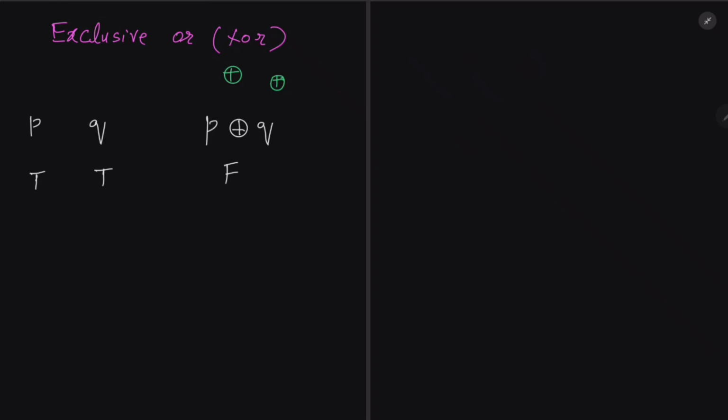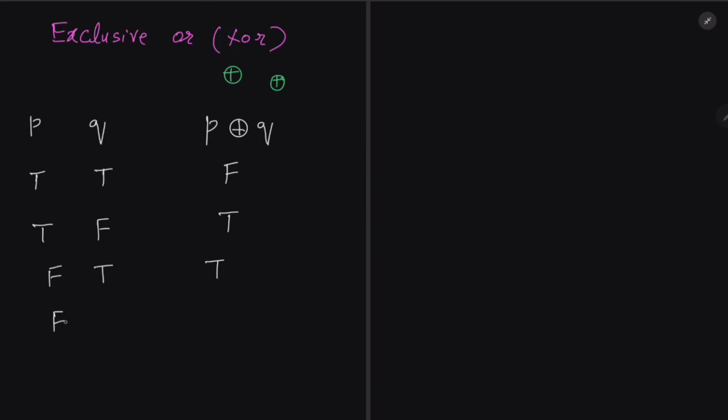So true, true is false. Similarly, if one is true and another one is false, then this statement is true. If we have false, true, then we have true. So one of the propositions should be true.